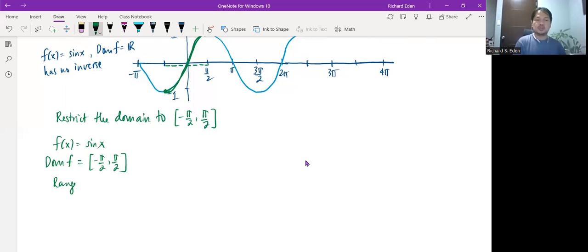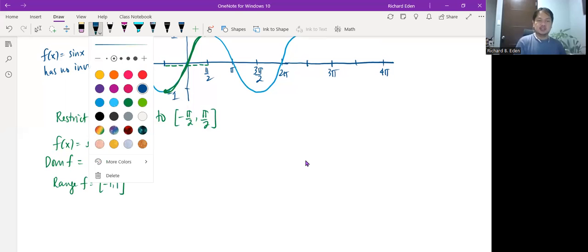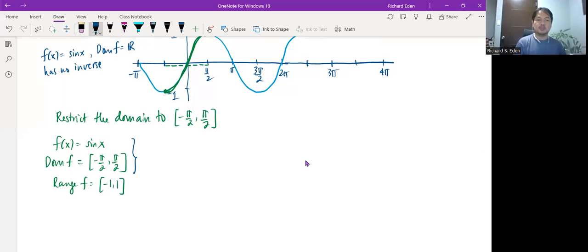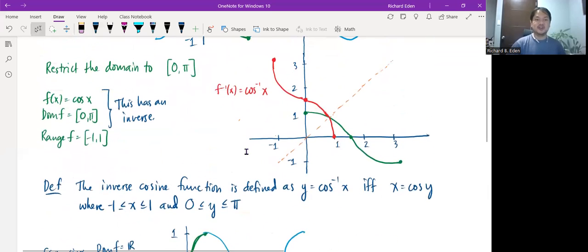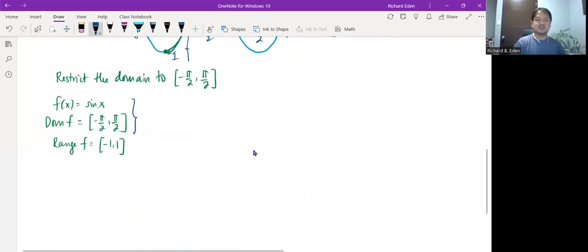So the range of f is still from negative 1 to positive 1. This function with restricted domain is the function which has an inverse.